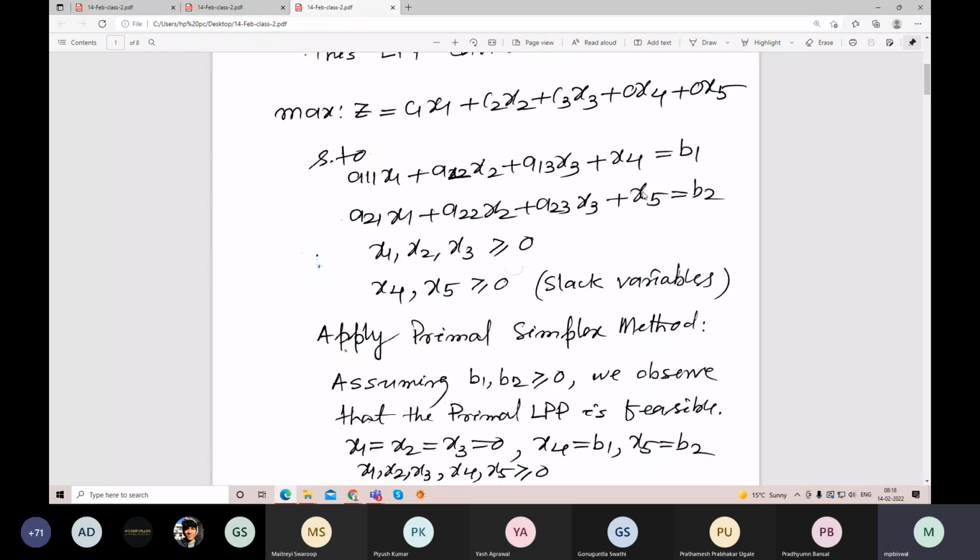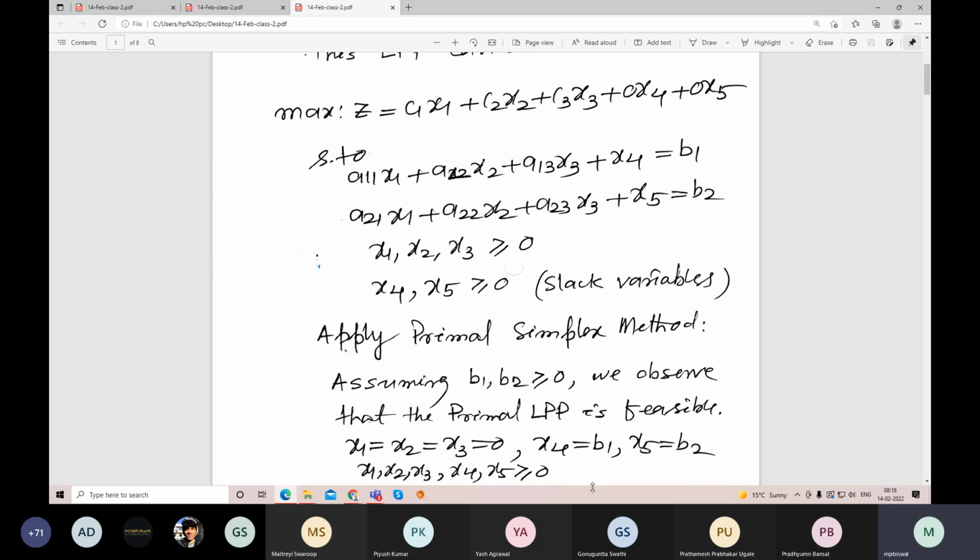We have assumed b1, b2 are greater than or equal to 0. If you set the non-basic variables x1, x2, x3 equal to 0, then x4 equals b1 and x5 equals b2. These b1, b2 are non-negative. Let us say b1 equals 10, b2 equals 20. So that solution is non-degenerate.